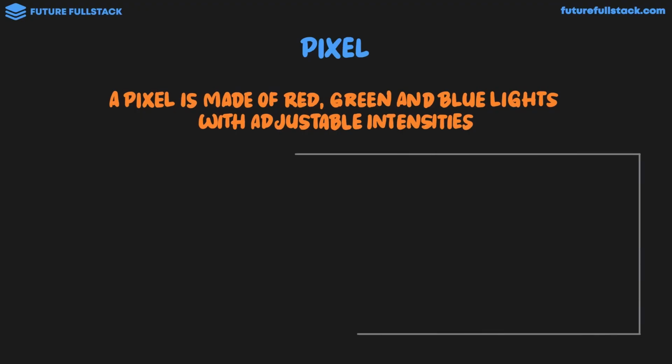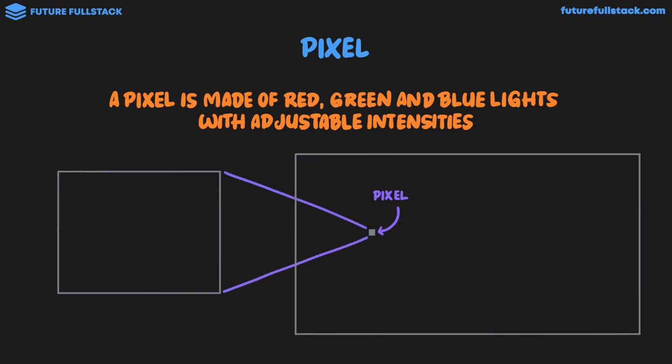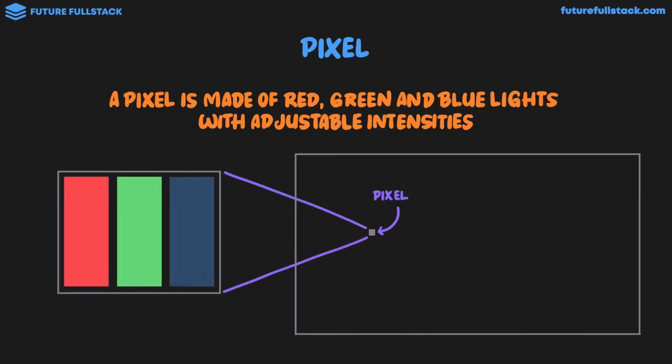Over here I have a digital display, and this square over here represents a pixel. Let's now zoom in on this pixel. What we would see are three panels of light: one red panel, one green panel, and one blue panel. These are the primary colors, red, green, and blue, we mentioned in the additive color system, and we call this RGB for short.